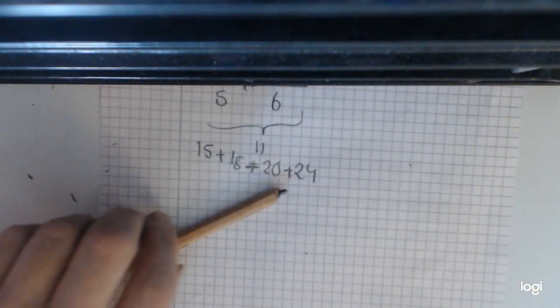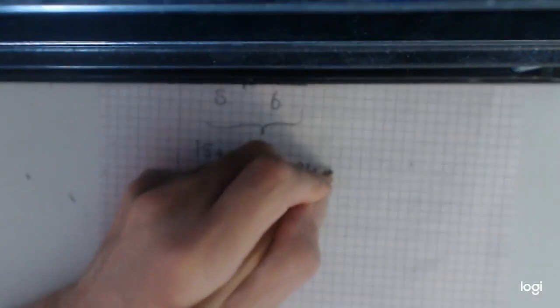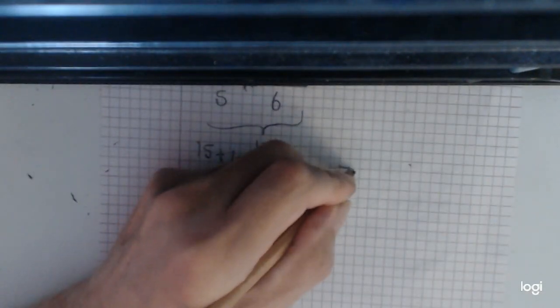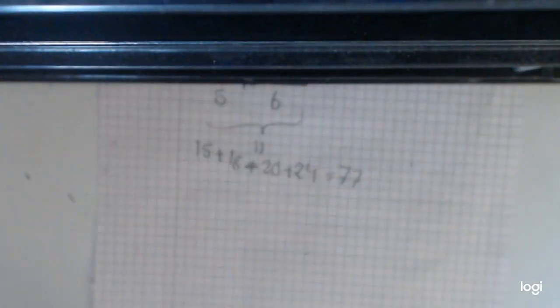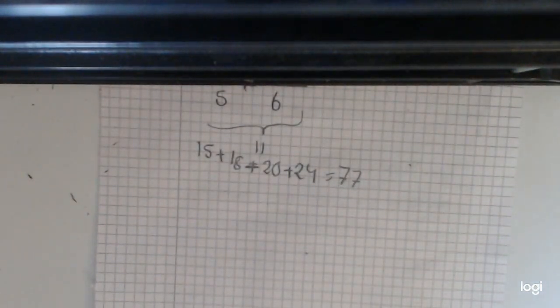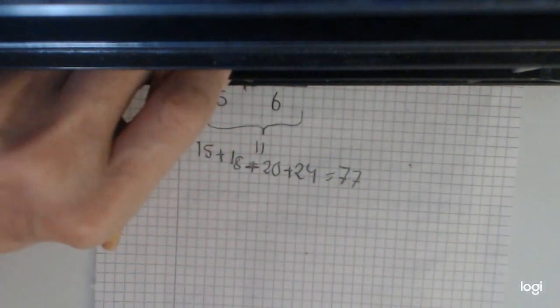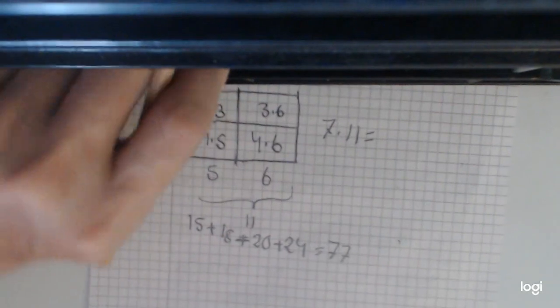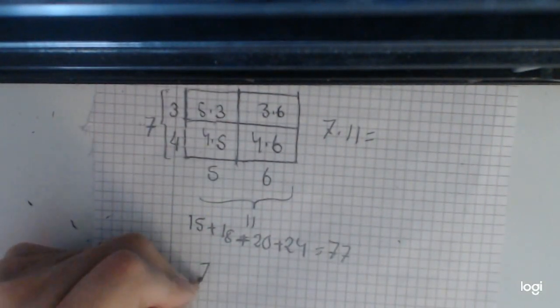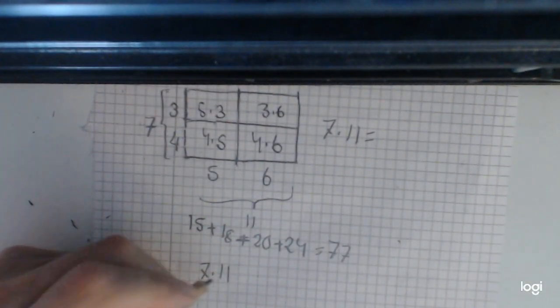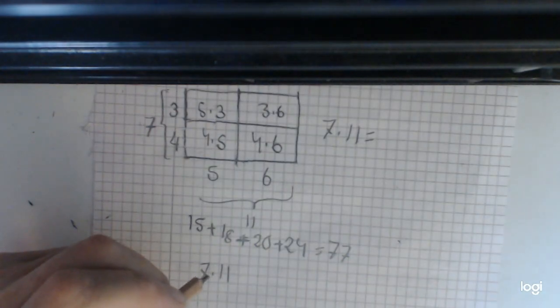This gives you the answer of 77. Let us take an example now. When we calculate 7 times 11, that will be 77.